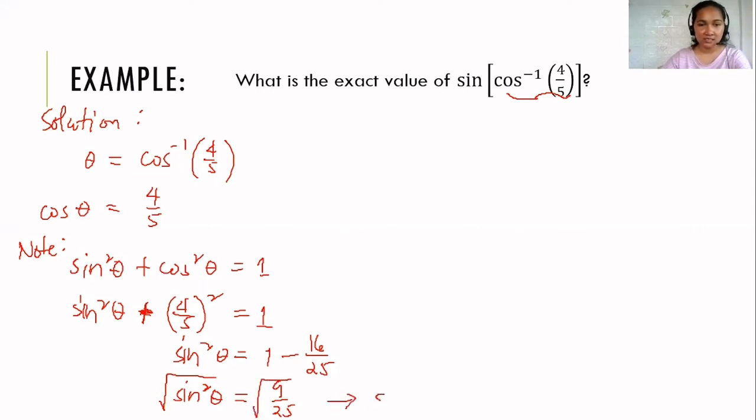So it means that sine theta is equal to plus or minus the square root of 9 over 25, which is 3/5. Now, for us to check whether the correct value is positive or negative: since theta, which is cosine inverse of 4/5, is in quadrant 1, again, we are referring to the right triangle formed in quadrant 1, then sine theta must be positive.